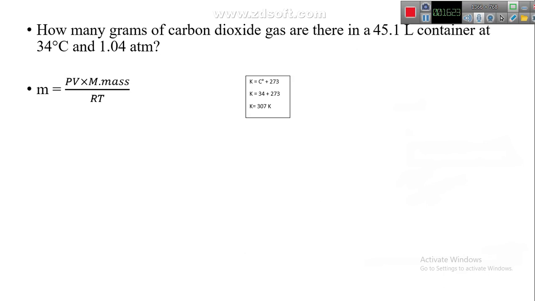The chemical formula for carbon dioxide is CO2. Molar mass of CO2 divided by RT, the gas constant and Kelvin temperature.